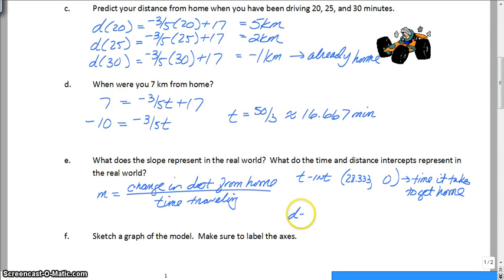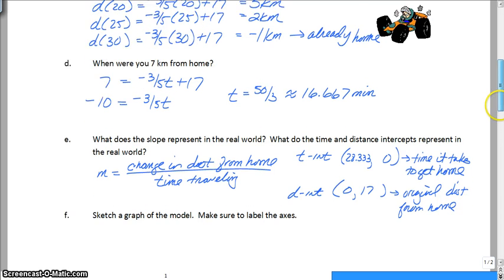Your D-intercept is when time is 0. And that means, if you look at the original problem, it's 17, and that is your starting point, or your original distance from home, which we know is 17 kilometers. Okay, so 17 kilometers away from home takes us 28 1/3 minutes to get home. Those are our T and D intercepts.